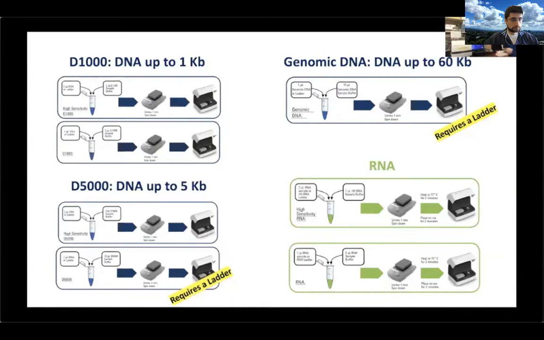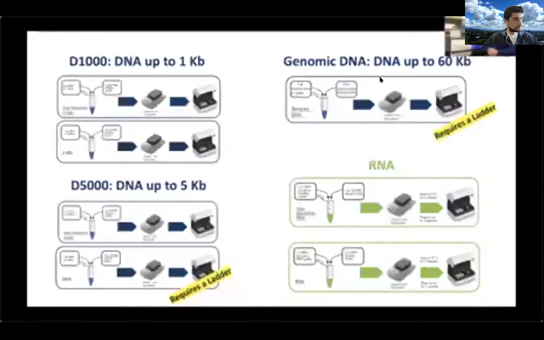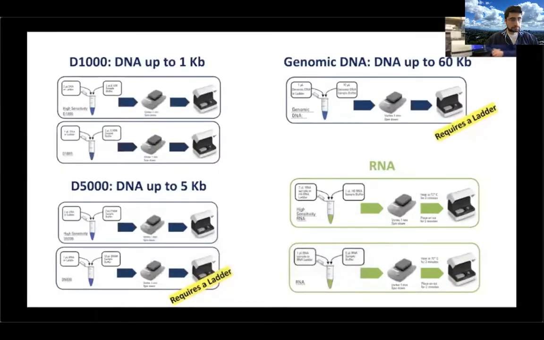We actually have an Oxford Nanopore right here next to the TapeStation. And because they usually are able to sequence longer molecules, you need to have the information about your original quality of the genomic DNA that has been extracted before performing the library preparation.